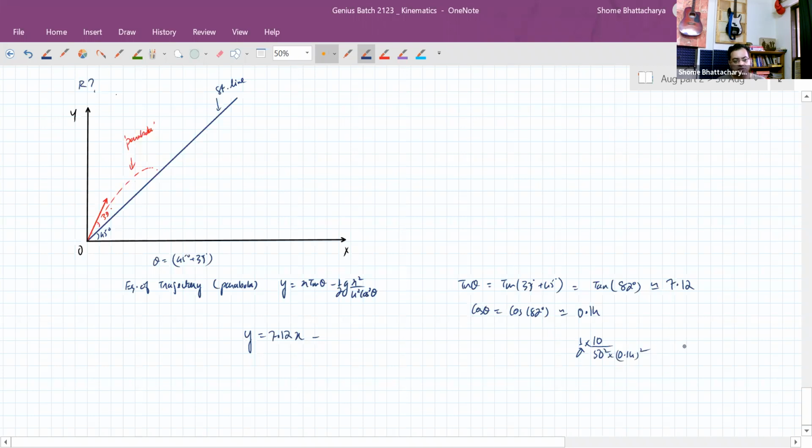So it will become like this. Something like this. This is the equation of the parabola.